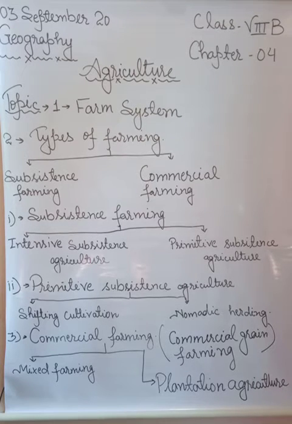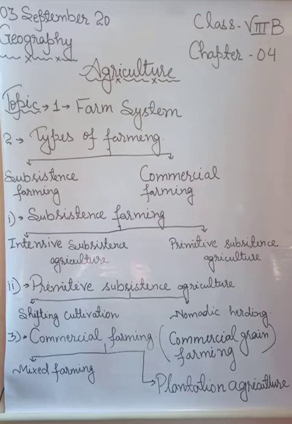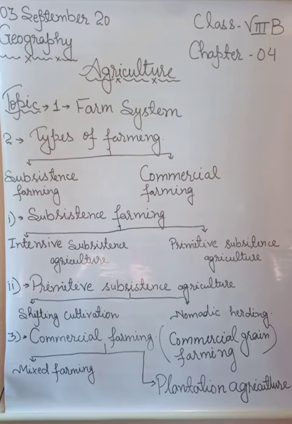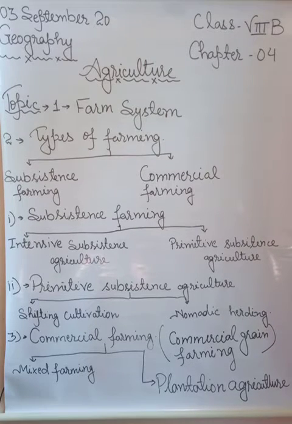And again, the methods which I explained above are used by the tribal people or farmers to grow crops to complete their needs and requirements. And students, this kind of agricultural activity is also known as shifting cultivation or slash and burn agriculture.